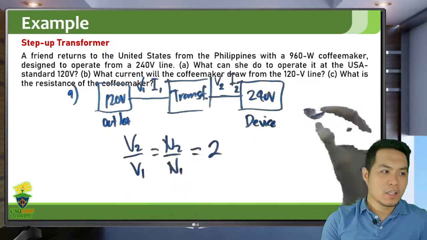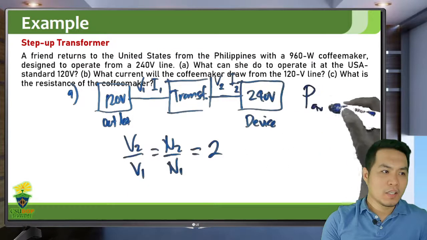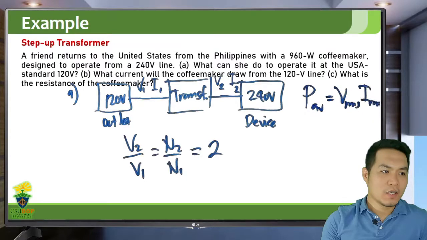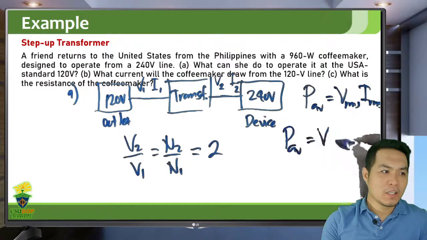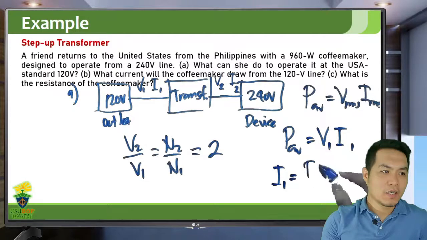These currents and voltages, I1 and V1, are RMS values. So in terms of RMS values, the average power is just V RMS times I RMS. Therefore, the average power is equal to V1 times I1. So I can solve for I1. It's the average power over V1.